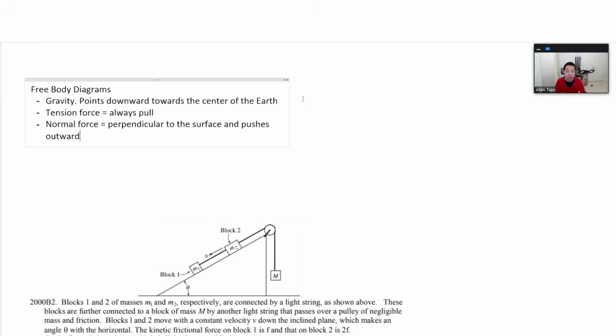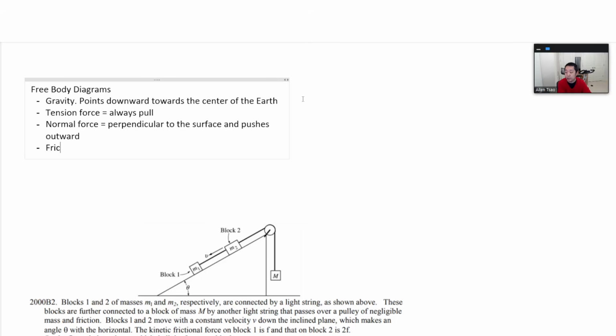The word normal actually comes from mathematics. Normal means perpendicular. That's why we call it the normal force. Like sometimes when you take math eventually and you do calculus, we talk about tangent lines and normal lines. Normal lines are lines that are perpendicular to the tangent line. So the word normal means perpendicular. That's why it's really important we draw this perpendicular to the surface.